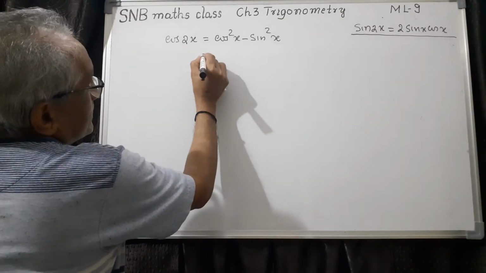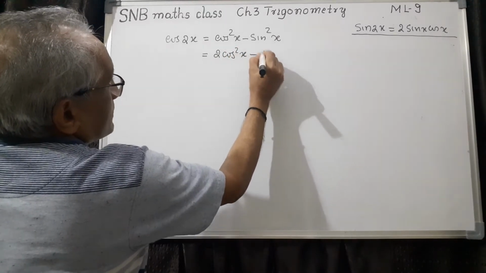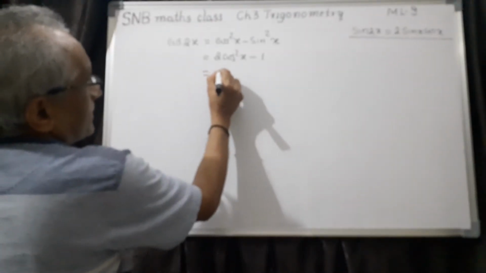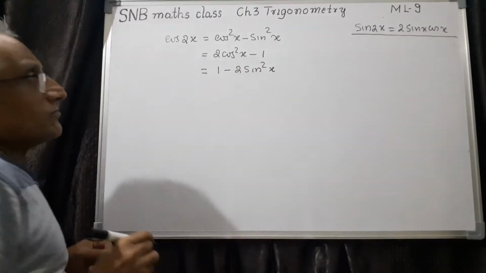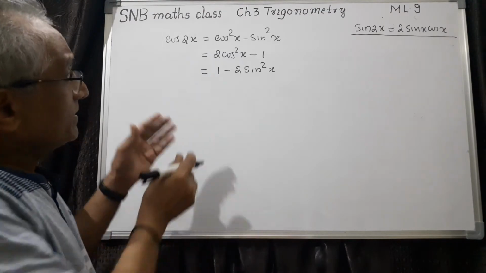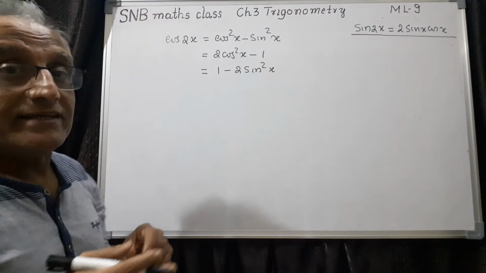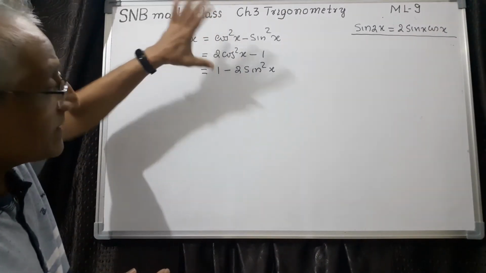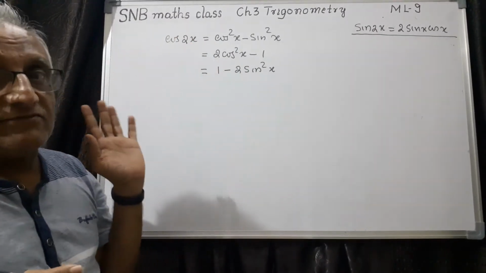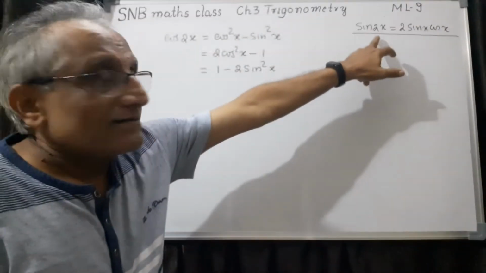This can also be written as 2 cos square x minus 1, and this can also be written as 1 minus 2 sine square x. Now you may think, how many different versions do I have to remember? Actually it's not like that. I will show you how these three are one and the same, only the expression is different. If you understand the proof properly, there is no confusion.